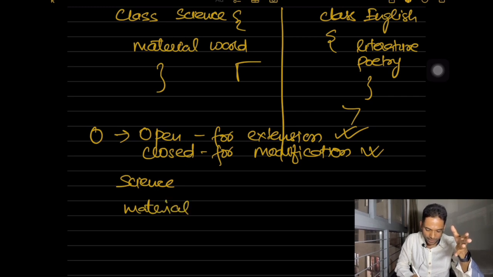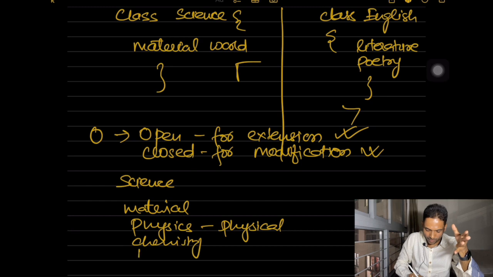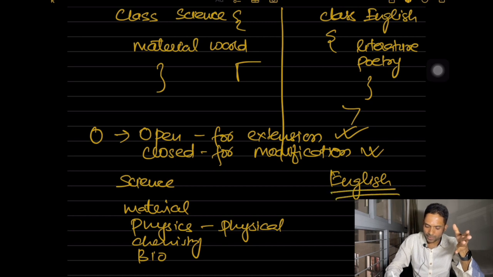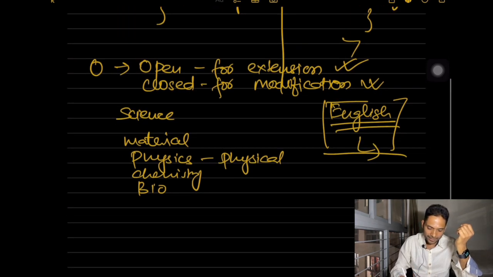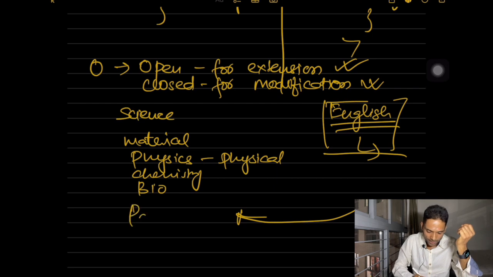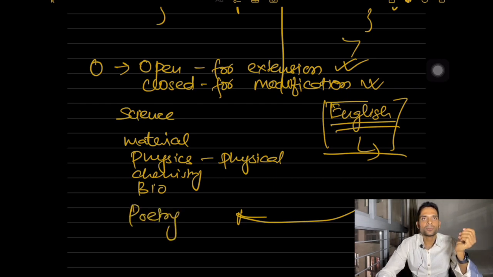And you can have subjects like physics, which deals with the physical world, chemistry, and biology. Similarly, English has its own domain. Now, if we modify science and say that from tomorrow we will teach poetry also in science, that will not be accepted.